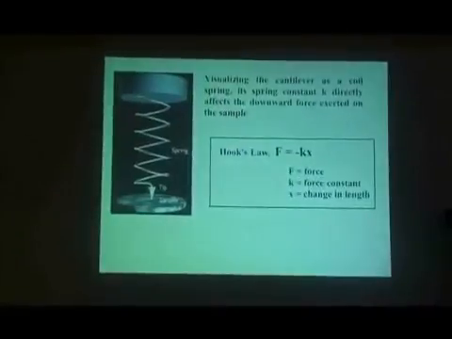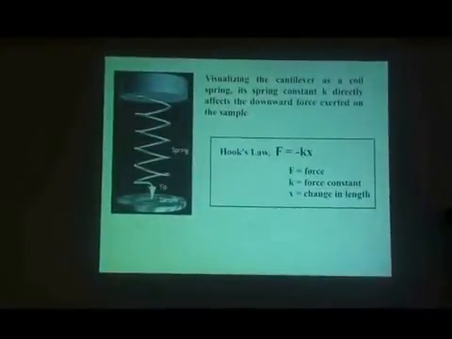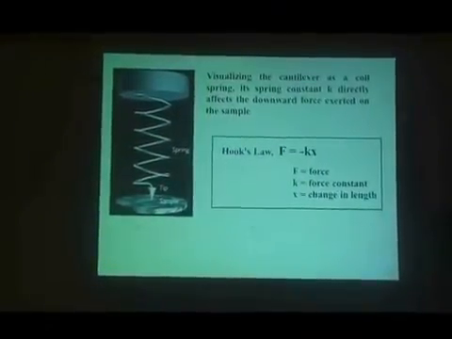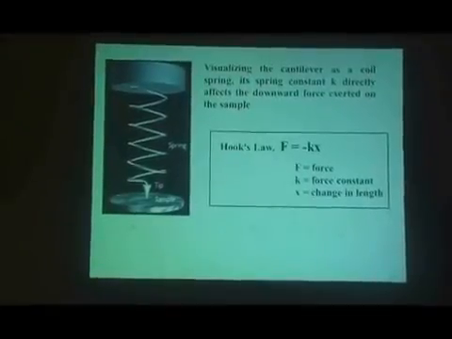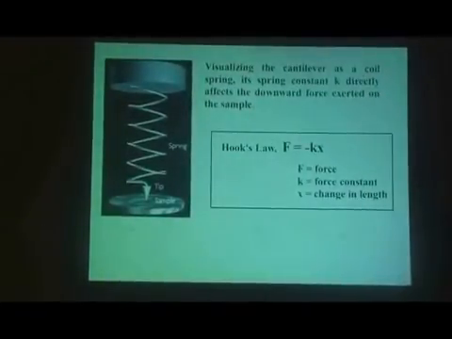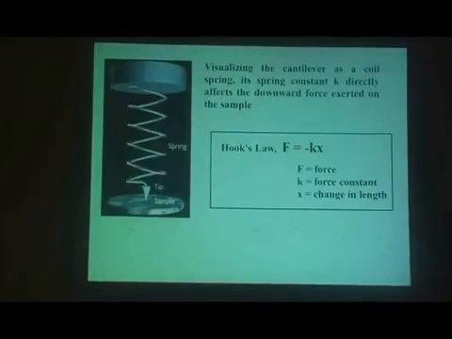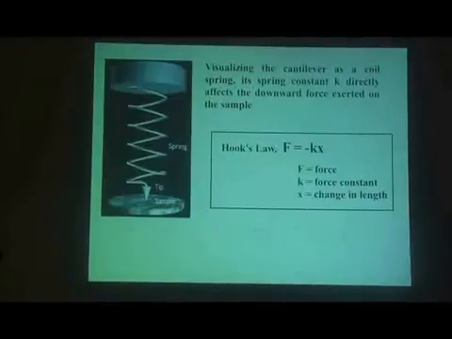So the problem is that in the case of tunneling current you have an exponential relation, whereas here you have a proportional relation. So the resolution also will change accordingly. AFM cannot have the same resolution as a scanning tunneling microscope, but instead you can use it for studying any type of material.